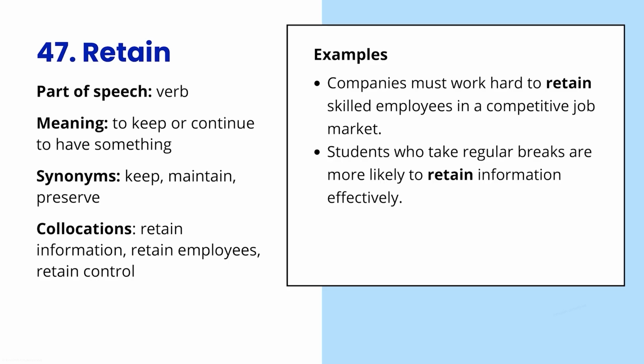Students who take regular breaks are more likely to retain information effectively. So that means if they have regular breaks, it's more likely they'll be able to continue to have that information or keep that information. So retain is a very useful verb when you want to talk about keeping something over time, whether it's skills, employees, or even something like control.